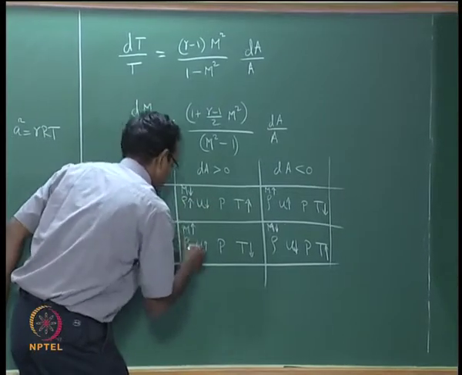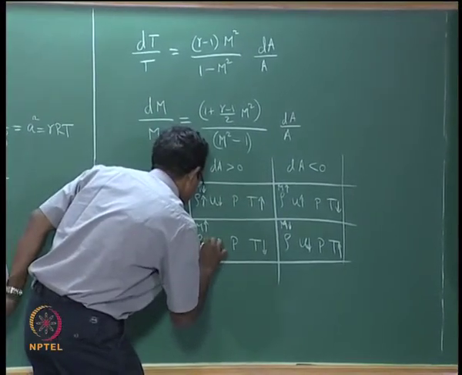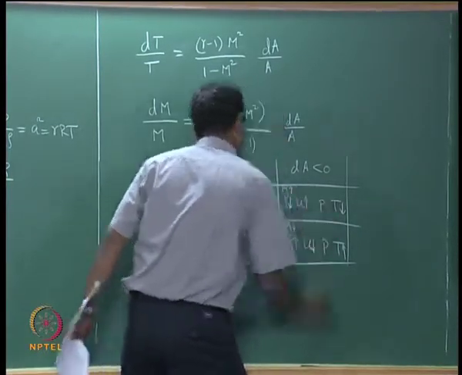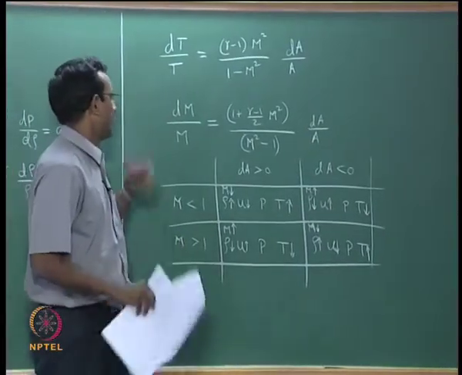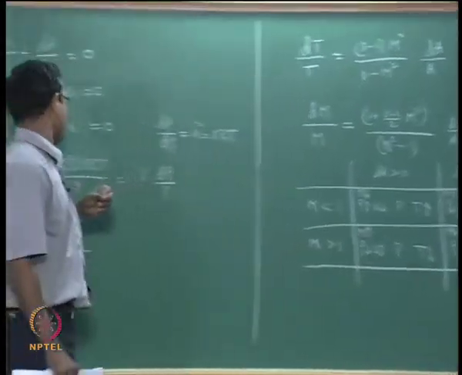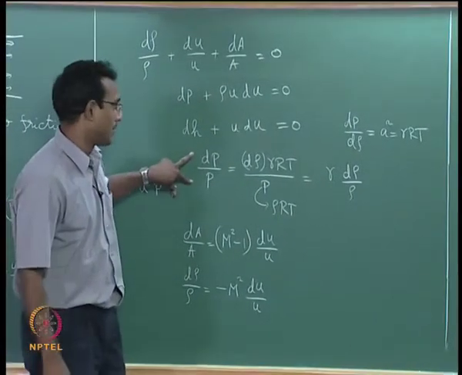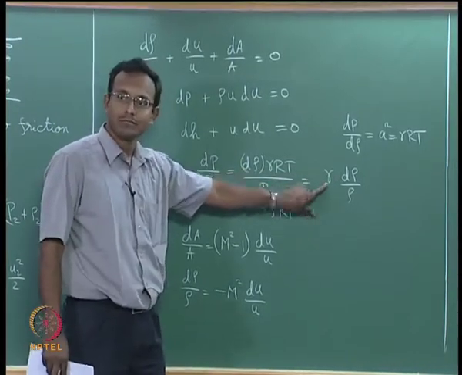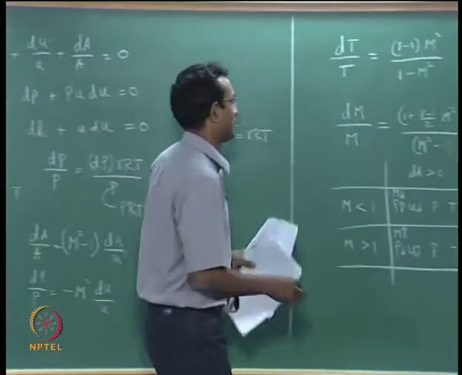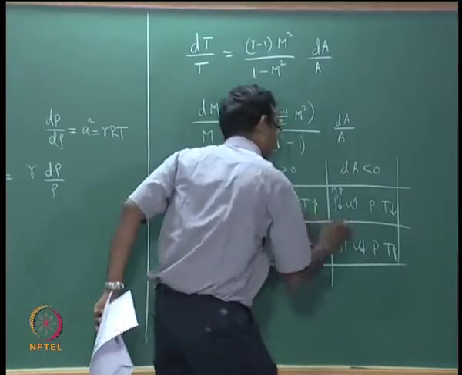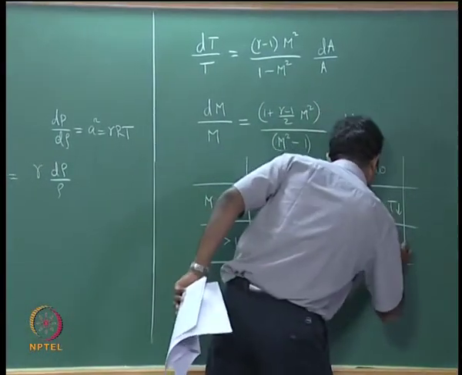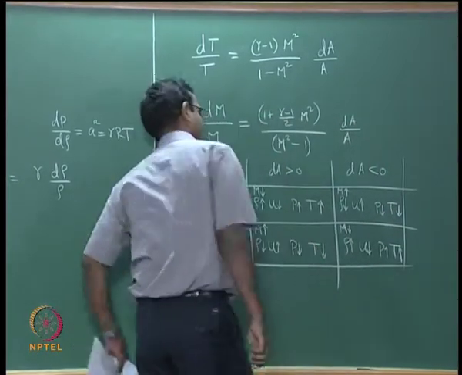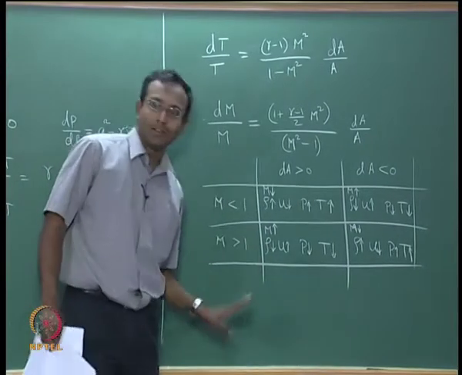So, I can draw the same thing for this. And now, we also did this dP by P and d rho by rho. dP by P is directly proportional to d rho by rho by a constant. So, I can also tell it will be the same direction. So, I can populate this whole table now.